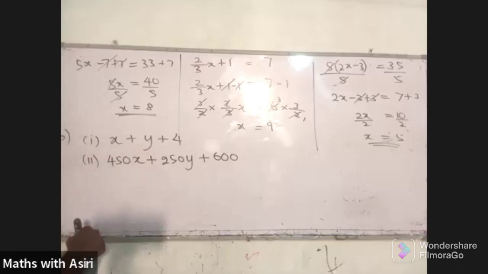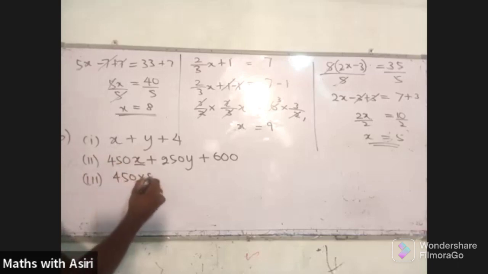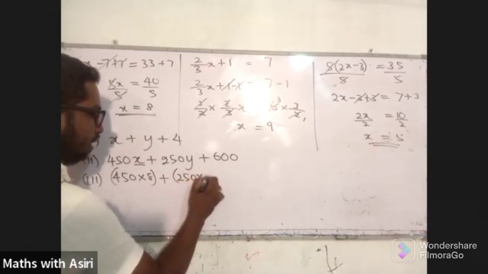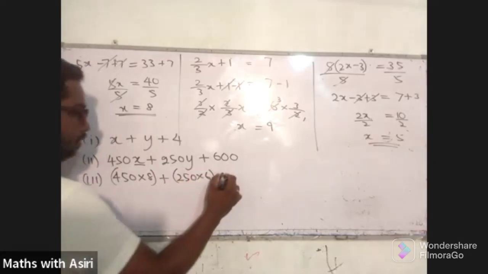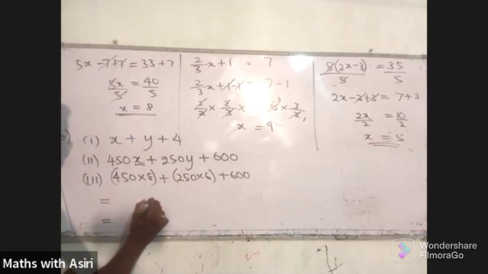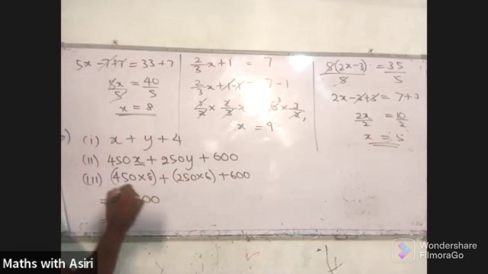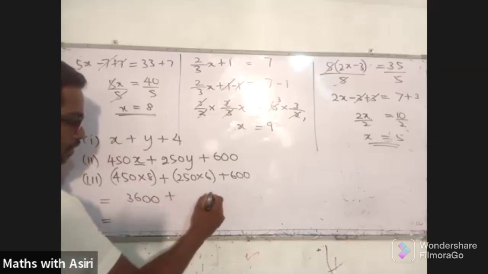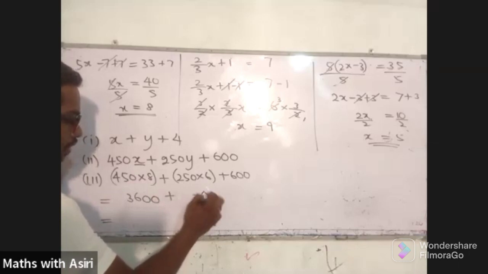If x equals 8 and y equals 6, apply 8 for x: 450 times 8 is 3,600. 250 times 6 is 1,500.